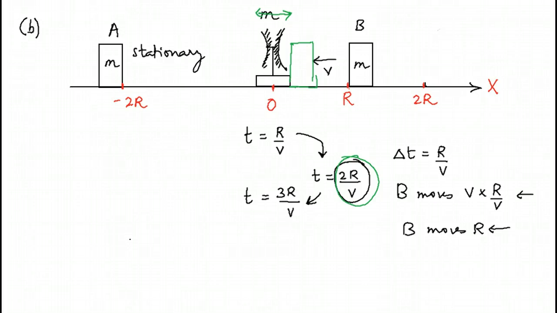Remember the problem mentions that the collision is elastic, and so what that means is that B, which was moving with a velocity V, imparts its entire velocity V to the mirror stand system, and before the collision, of course, the mirror system was at rest. So what that would mean is that block B after the collision comes to rest.